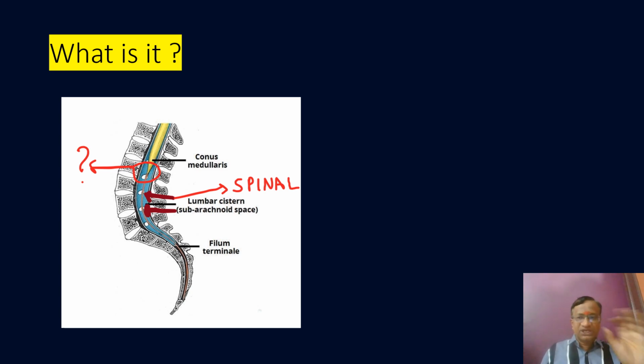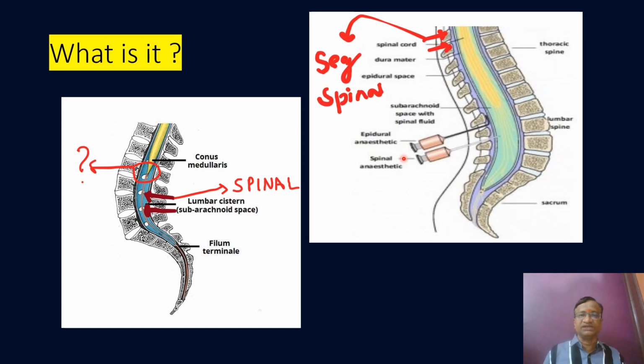Now, what is this segmental thoracic? If you are giving a spinal in the lumbar space, L1 is over, the spinal cord is over. Now we are giving in the lumbar subarachnoid space. This is a normal spinal.